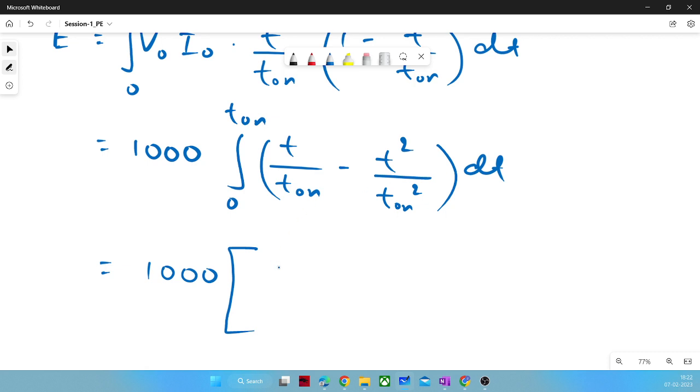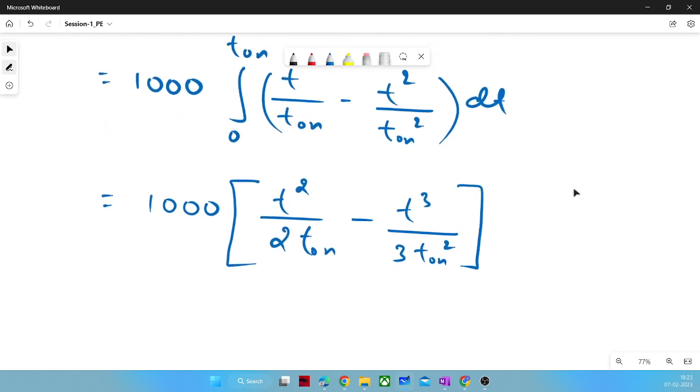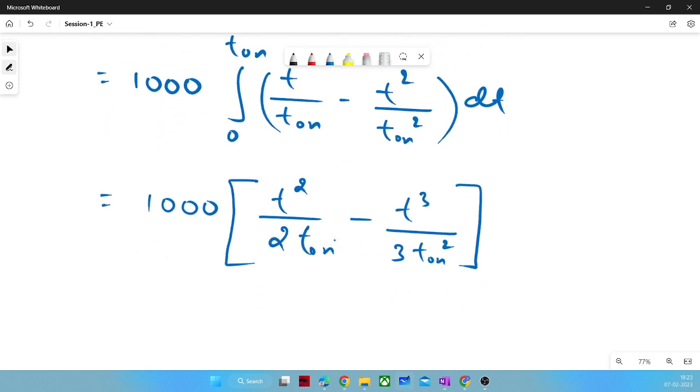So T dt will be T square by 2, and minus T square dt will be T cube by 3 T on. And we have to plug in the limits of integration from 0 to T on.